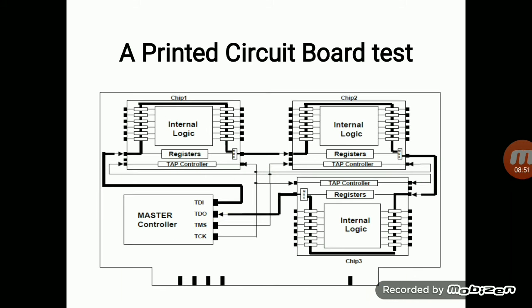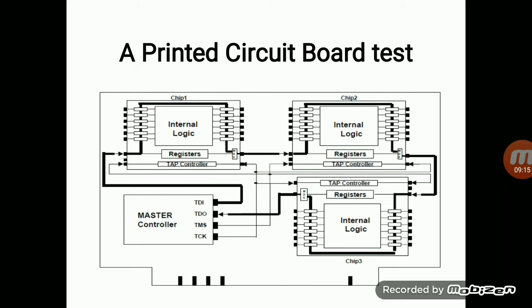Suppose you want to test more than two logic chips, we can use the following block diagram. Here we can test three different ICs at a time. In order to test these three, we have a master controller with different pins: test data in, test data out, test mode selection, and test clock.